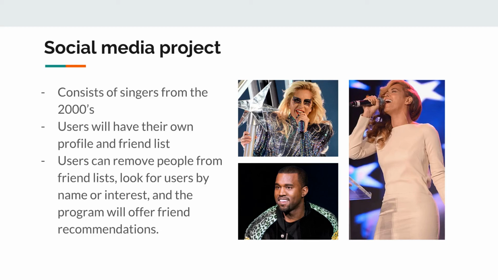Users can add other people into their friends, remove people from their friend list, and look for users by searching via name or by interest. The program will also offer friend recommendations based on factors that will be discussed later in the presentation.